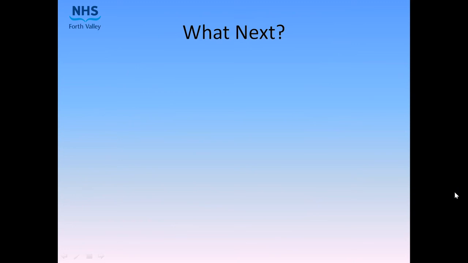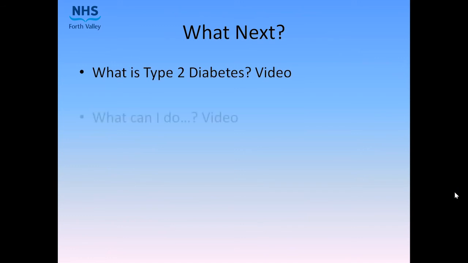If you want to know more, you can visit the other presentations explaining what type 2 diabetes is, as well as what you can do to help make changes to take control of your diabetes. If you have found these useful and would like more detail, there is also the Type 2 Diabetes Explained programme, which is run in the Forth Valley area.